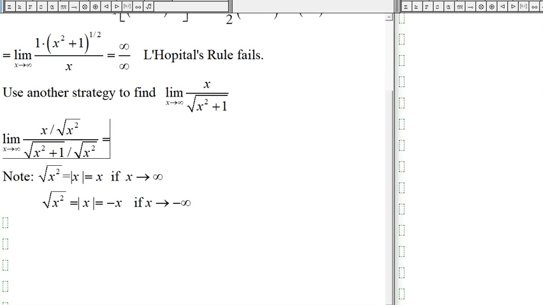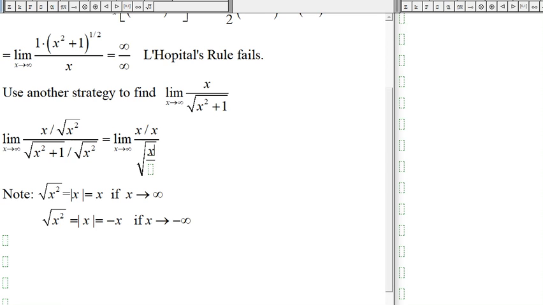And so this right here will become, for the top, x divided by the square root of x squared, which is just x, since x is moving towards positive infinity. And then the bottom, now that we have a square root divided by a square root, we can combine these right here.